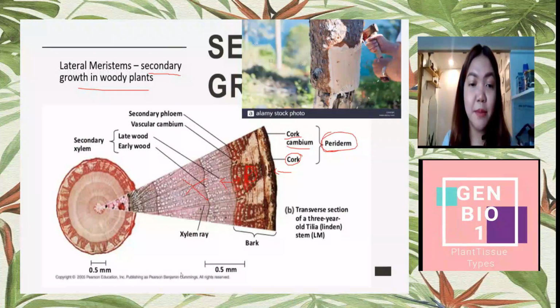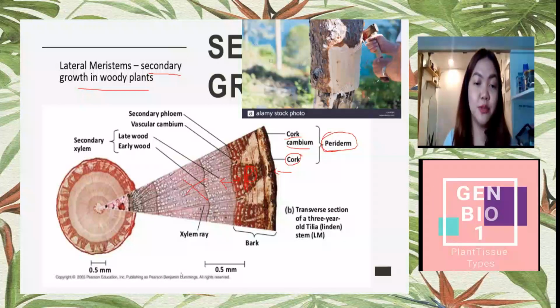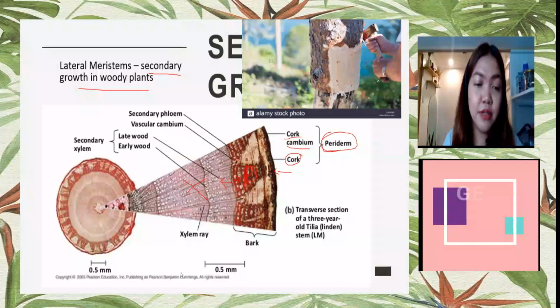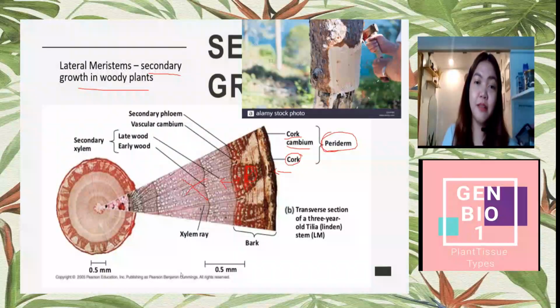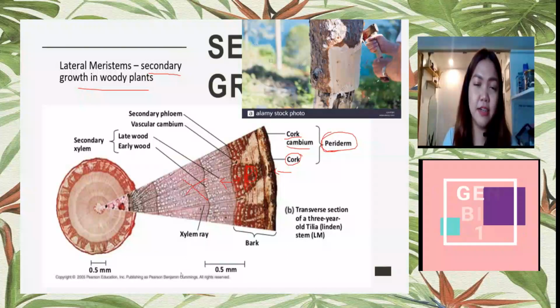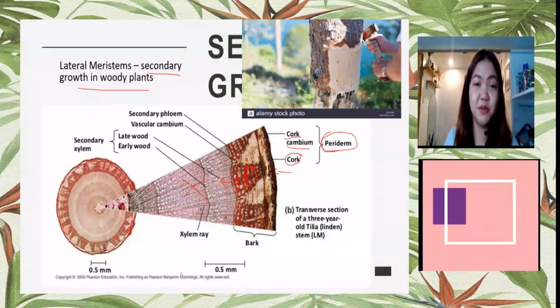So, since kasama doon yung phloem nyo, ano nang mag-transport ng sugar all throughout the body of the tree or the plant. So, wala na. Even though you still have your water, but without the sugar, the plant will not survive. So, if you do this sa plant or sa tree, you are parang killing the tree. So, don't do this, ha?